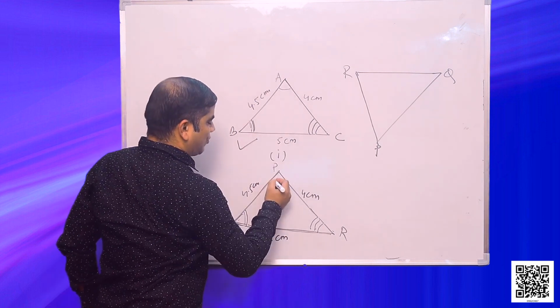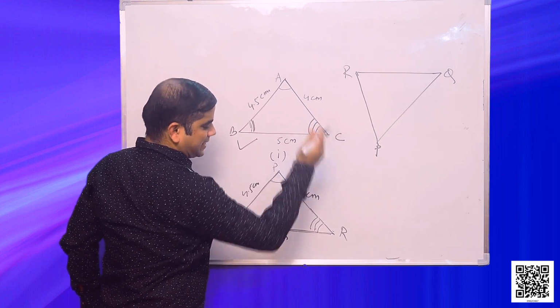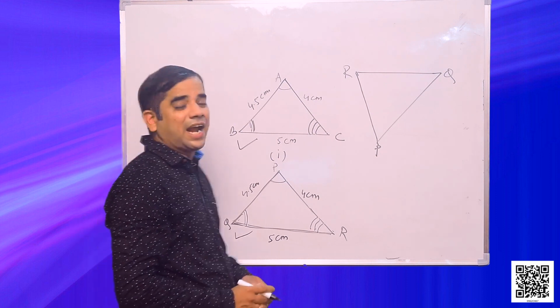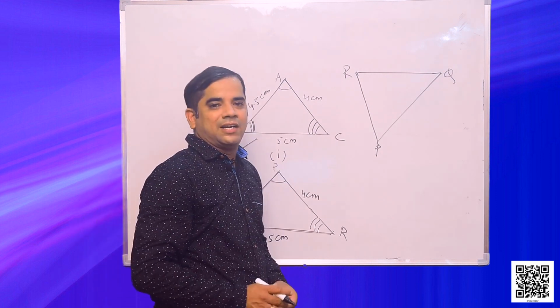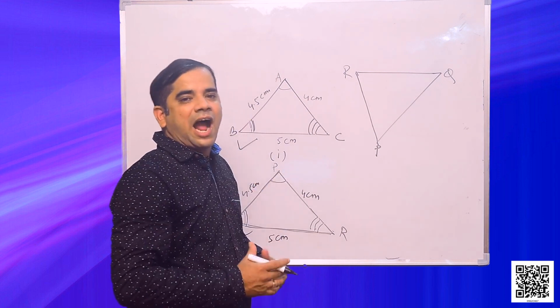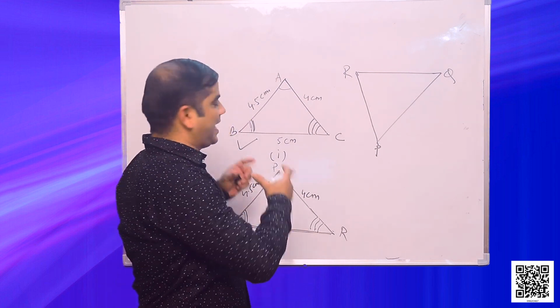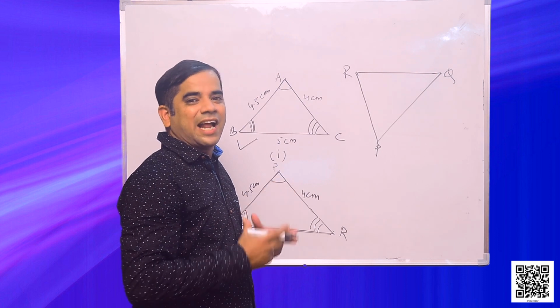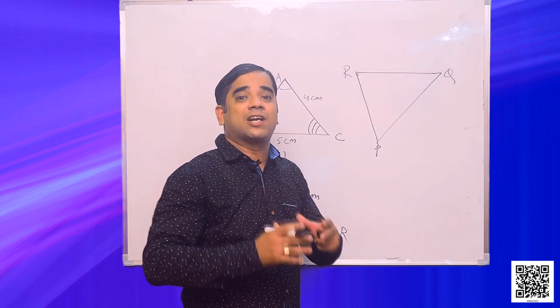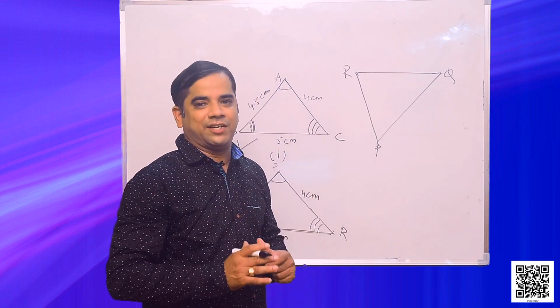Angle A is equal to angle P and same as angle C is equal to angle R. That means these two triangles are congruent. Now if I put one triangle over another, I can feel as if they are a single triangle rather than two triangles, because they will exactly or completely cover each other.